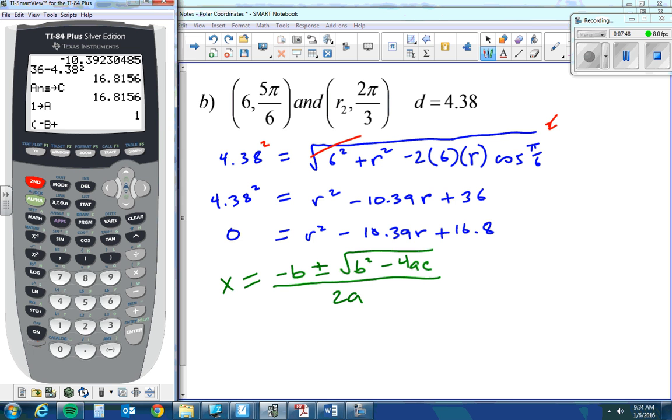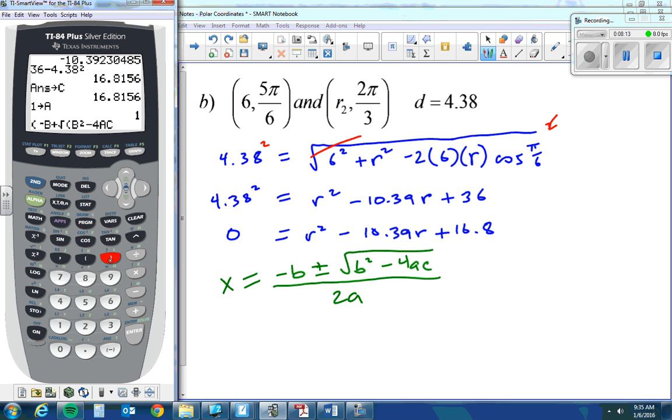Square root, b squared. Type this in. The negative 10.39 we got. And listen, if you didn't get the better answer, just store what you see there. You'll get a slightly different answer from us. It'd be close enough to see that you're doing it right.